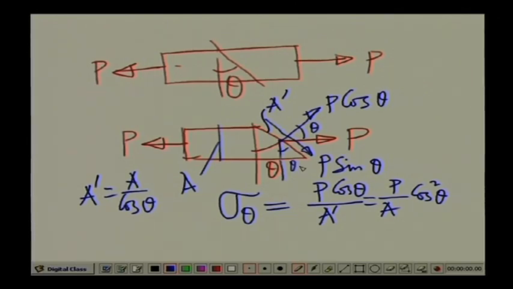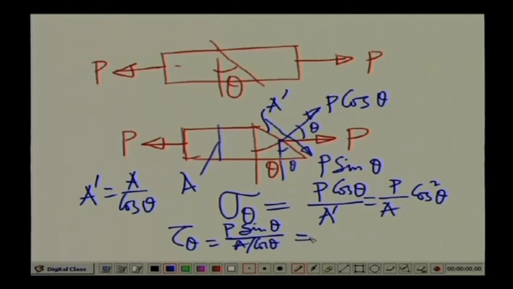and the stress which is acting in the plane, which is P sin theta, the tau theta is equal to P sin theta divided by A by cos theta.